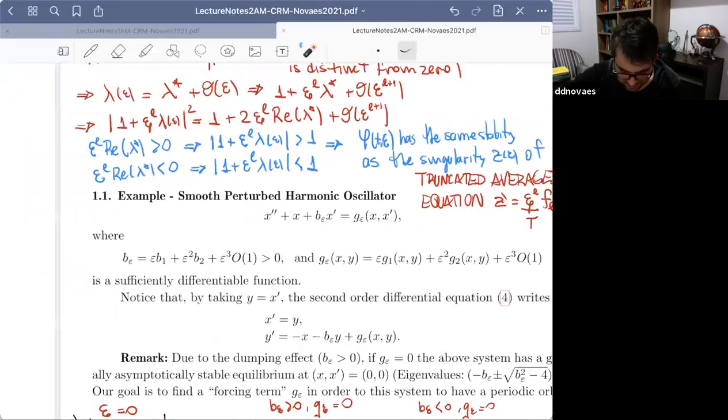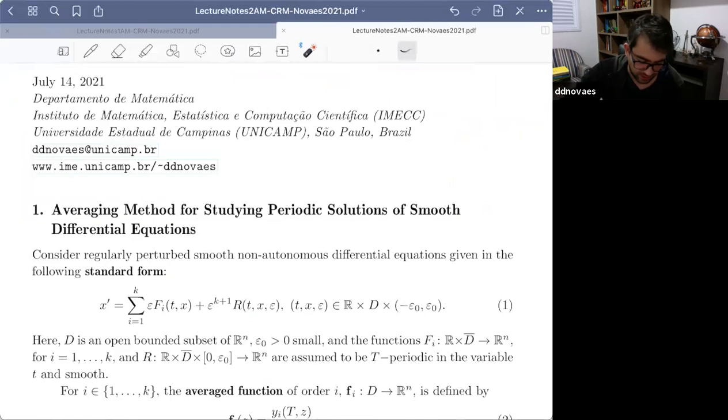We also need a differential equation which is non-autonomous, because I have already commented that if you apply the averaging method to an autonomous system, we can eventually get some periodic orbit, but this is a trivial periodic orbit. It's actually singularities, stationary orbits.